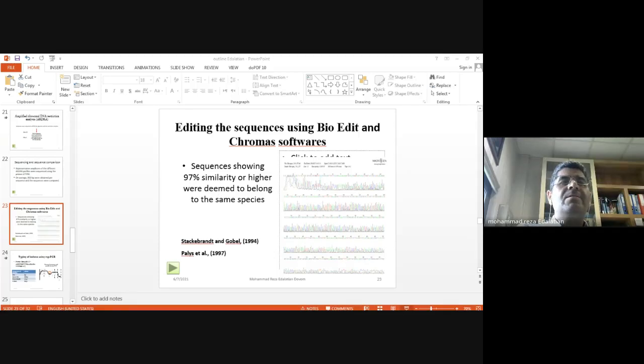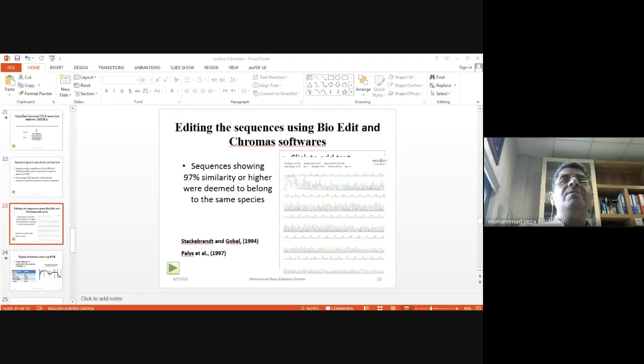Let's start with the gel. As you can see, this is the denaturant concentration, which increases from 0% to 100%, and this shows the increasing concentration of denaturant.